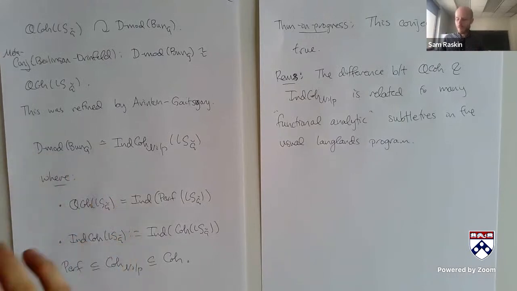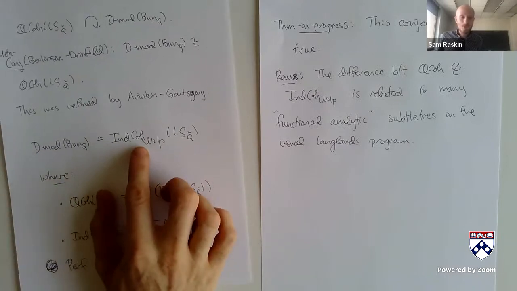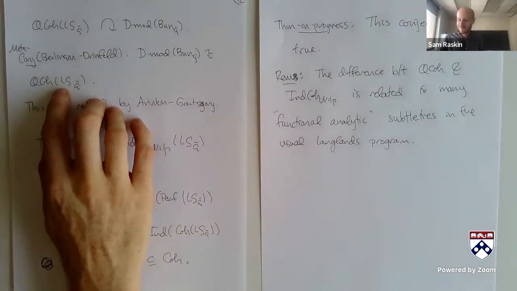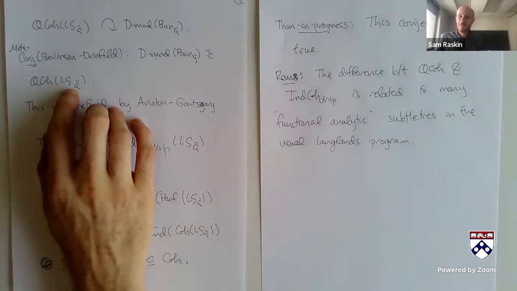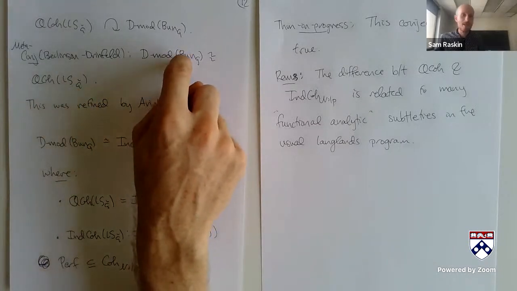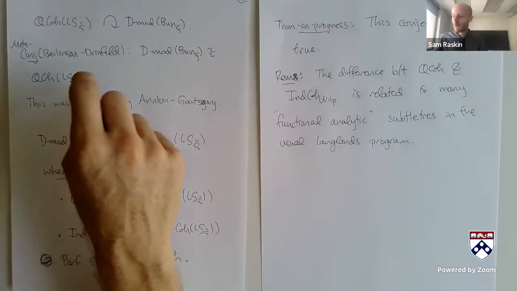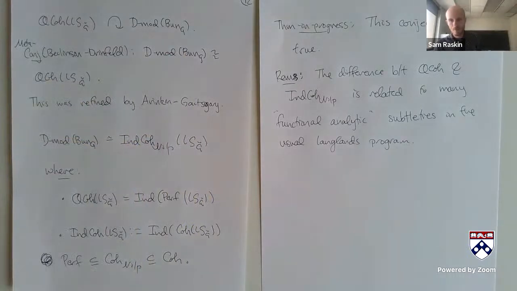One of them will be producing this category of D modules on Bun G. The other will be producing, let's say, QCoh of the space of local systems for G check. This G is because it was Yang-Mills for G, and this G check is because it was Yang-Mills for G check. One twist gives me D modules, one twist gives me QCoh. That's the picture that is supposed to happen.